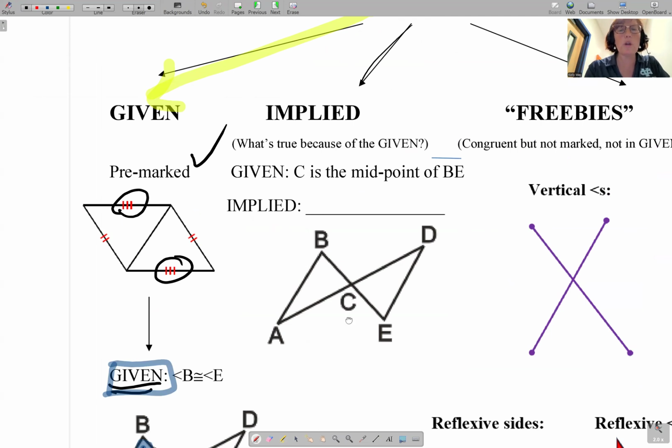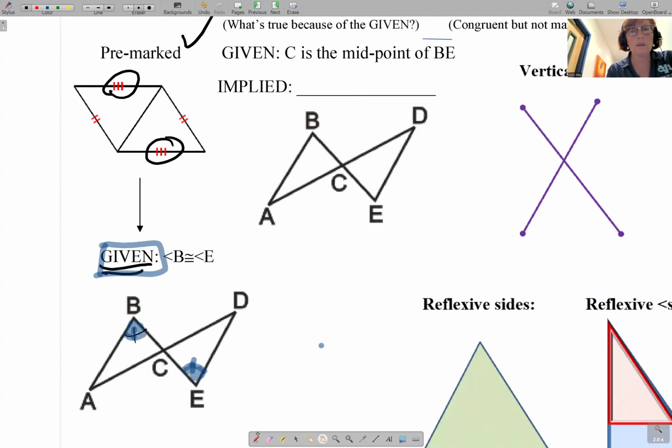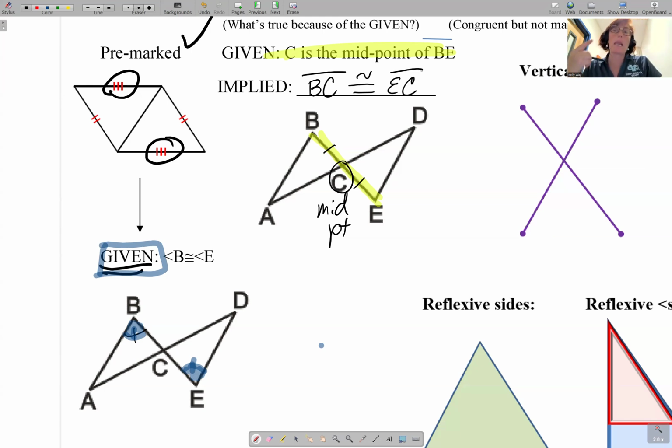Implied. Implied would look like this. You are told C is the midpoint of BE. So we trace BE and we're told that's a midpoint. What's implied would be B to C is congruent to E to C. That's implied.